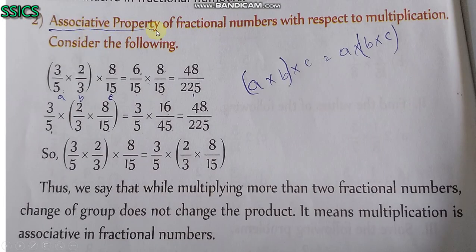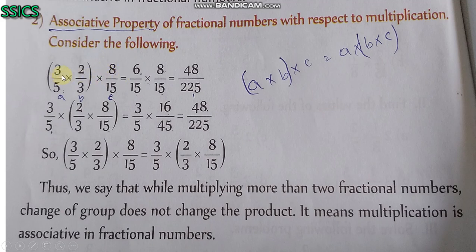It is the associative property. Let's consider an example. Here I have three fractional numbers, 3 by 5, 2 by 3 and 8 by 15. First we group the first two fractions; grouping means we put a bracket on the first two fractional numbers. 3 by 5 is A, 2 by 3 is B and 8 by 15 is C. We group A and B and leave C as it is.